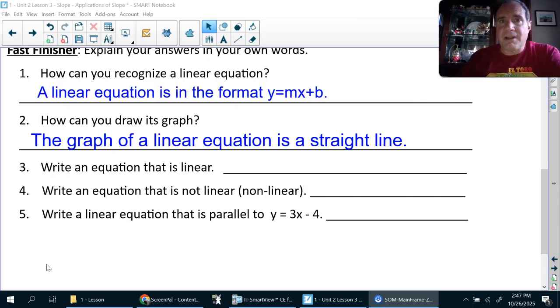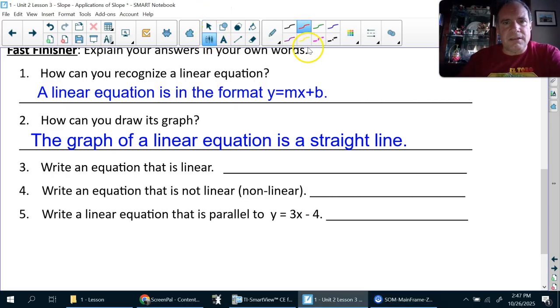How can you draw its graph? Well, it's a straight line. That's all it is, a straight line. Write an equation that is linear, then you can basically make up anything in y equals mx plus b format. You could have y equals 3x plus 10. You can have y equals 1/2 x minus 2.